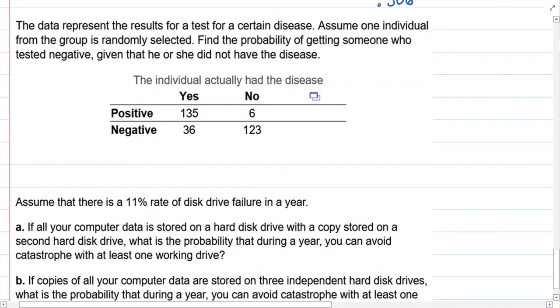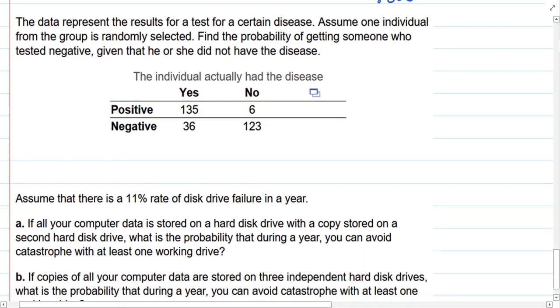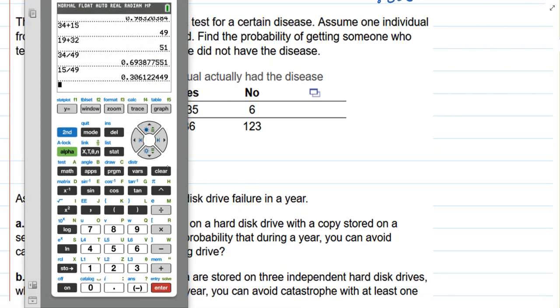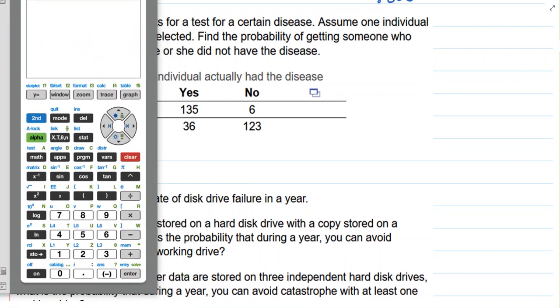Well, we have another table, and we're going to add some columns here. Got yes and no. 135 and 6.